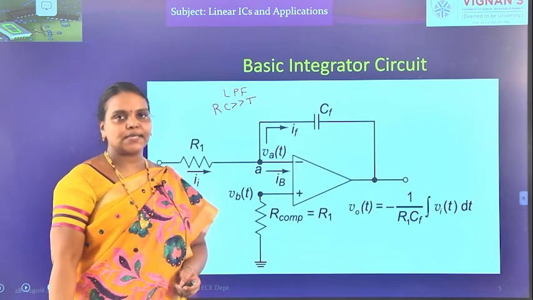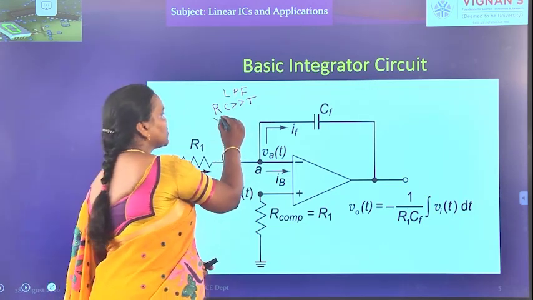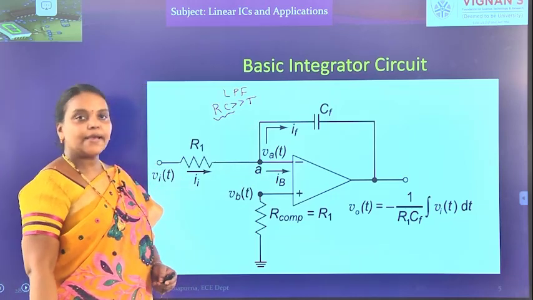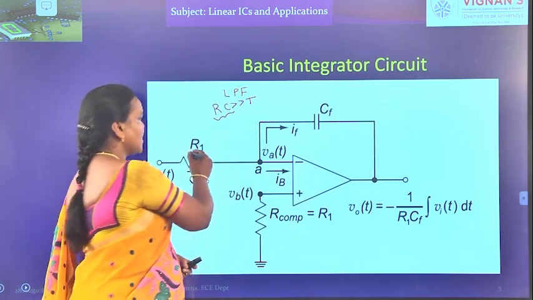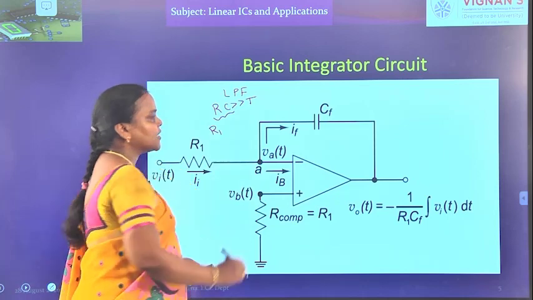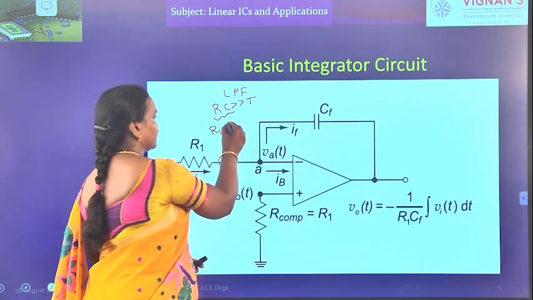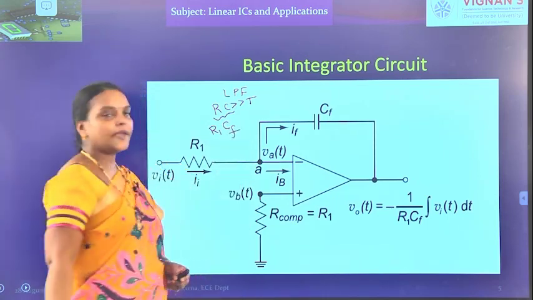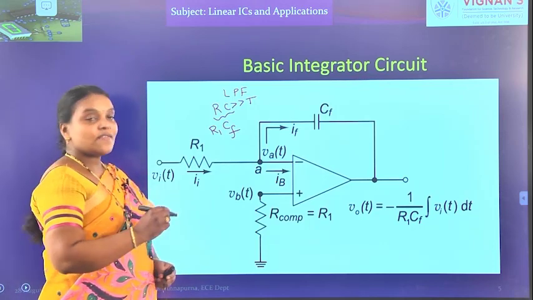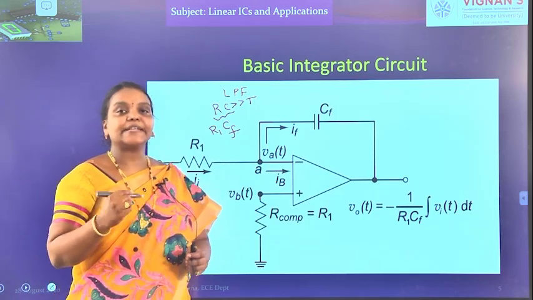Here what is RC? RC is the time constant of the circuit. Here R is R1 and C is CF. So R1 CF value represents the time constant.